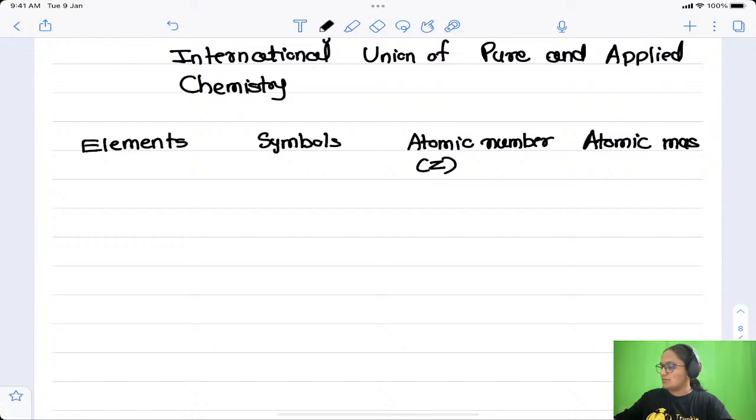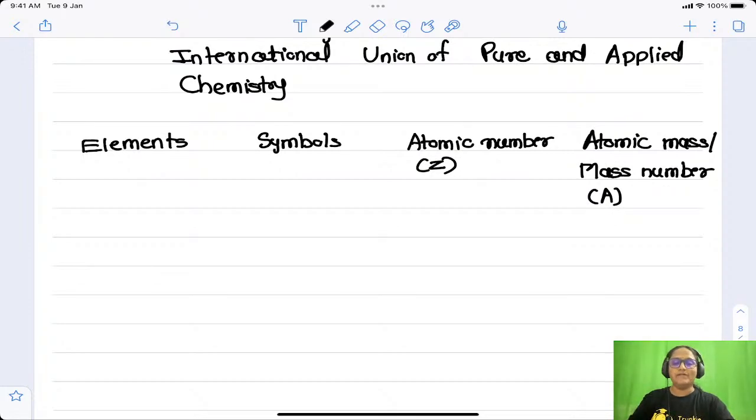Atomic mass is also called mass number, denoted by the symbol capital A. Okay, the table which I am going to explain to you right now, you have to remember it. The symbols for at least the first 20 elements you should know.